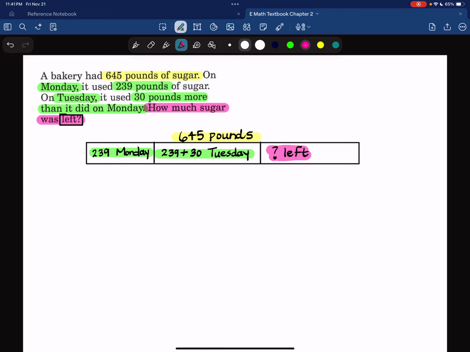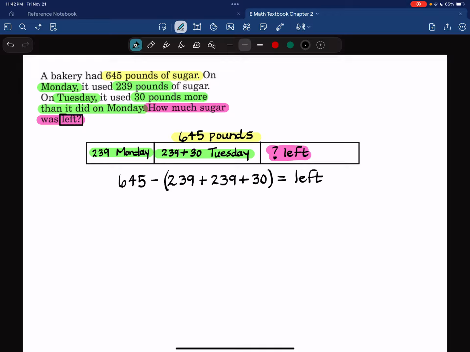So I'm going to set this one up as 645 minus Monday plus Tuesday, and that is going to give us the leftover amount.